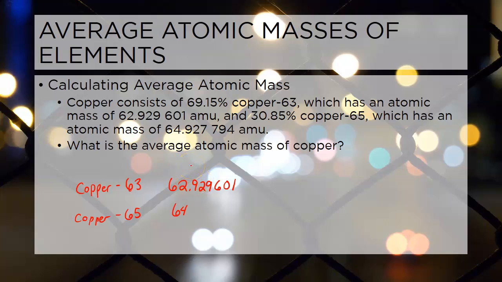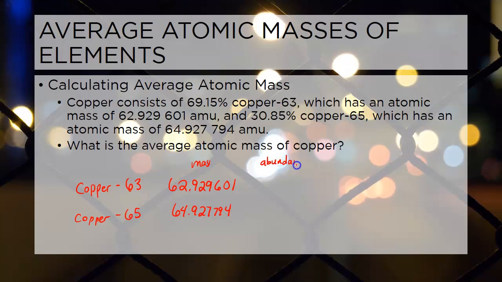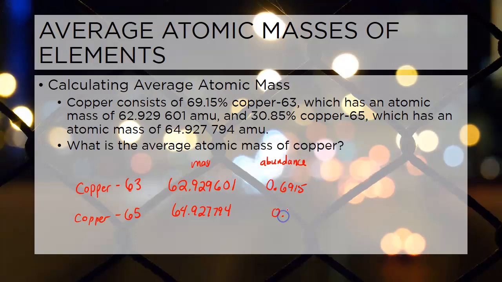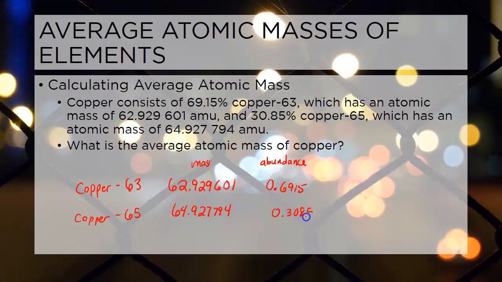For abundance, let me turn that into a decimal because we're going to do a calculation with it. So I'm going to change 69.15% to 0.6915, and I'm going to change 30.85% to 0.3085. So this mass is going to contribute this percent, and this mass is going to contribute this percent.